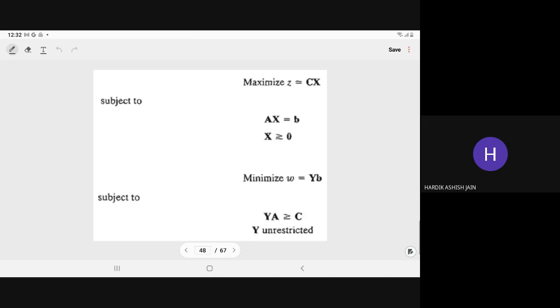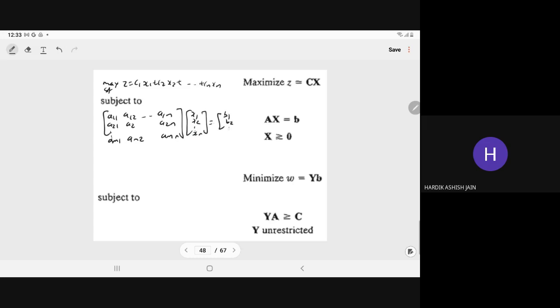In matrix form, this can be written as maximize z = c1x1 + c2x2 + ... + cnxn, subject to the matrix with entries a11, a12, ..., a1n, up to am1, am2, ..., amn, multiplied by x1, x2, ..., xn equal to b1, b2, ..., bm, and all xi ≥ 0.